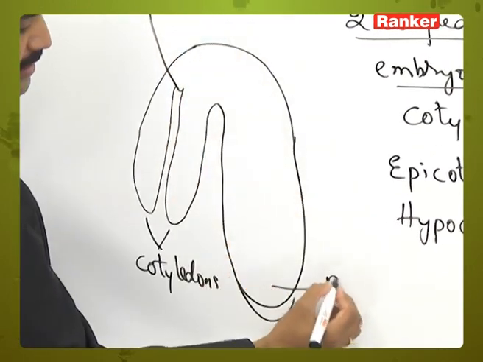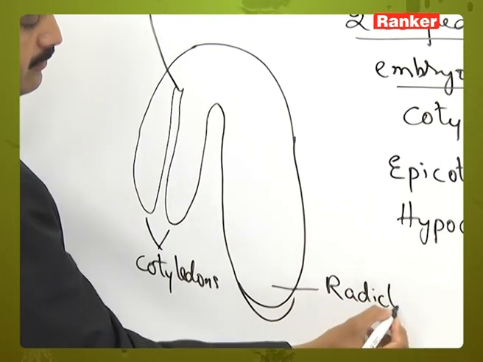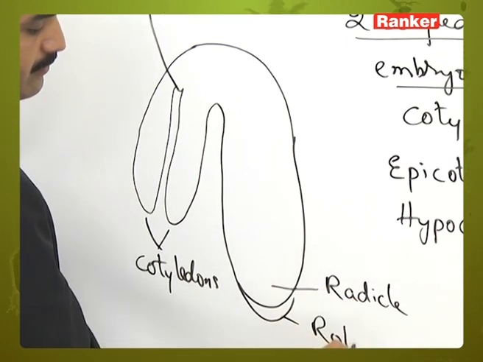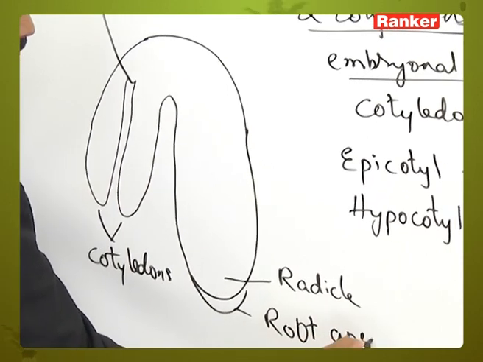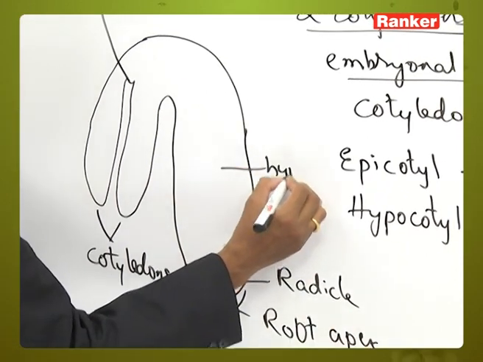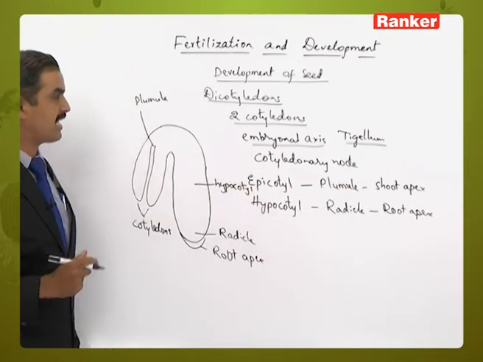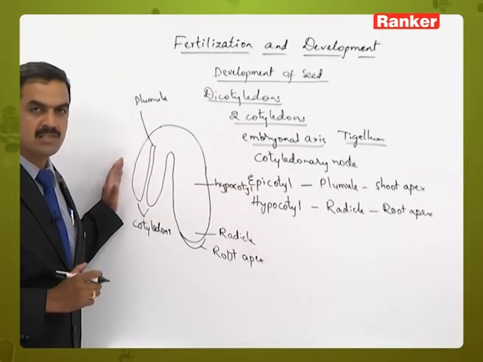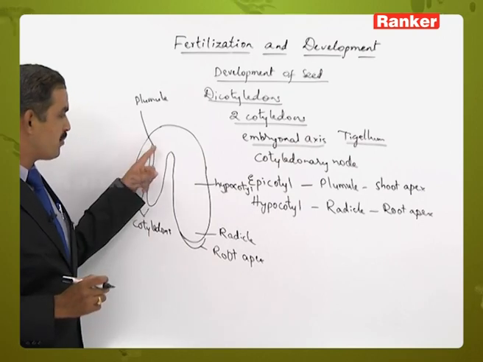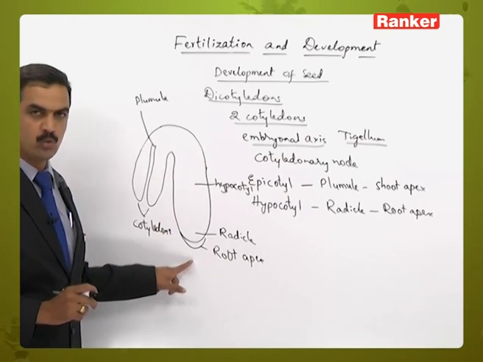This part is the radicle, the root apex, and the hypocotyle. So, these are the structures that we can observe in the dicotyledonous seed: two cotyledons, plumule, hypocotyle, radicle, and the root apex.